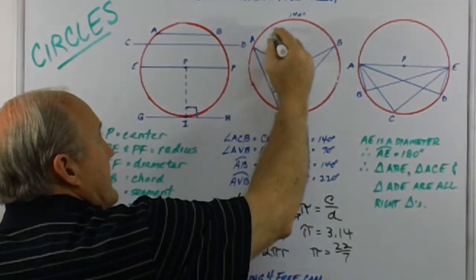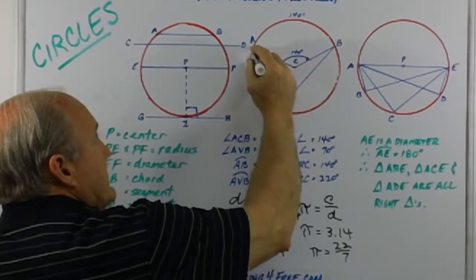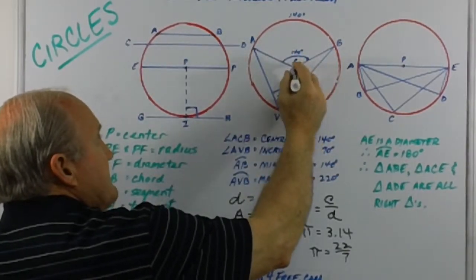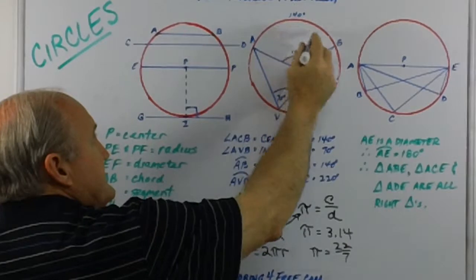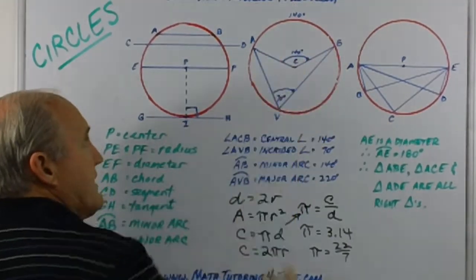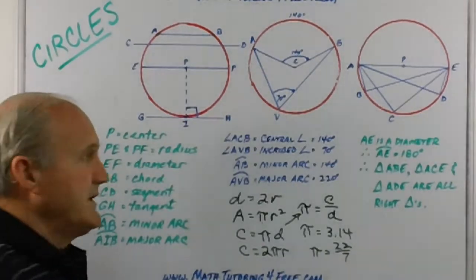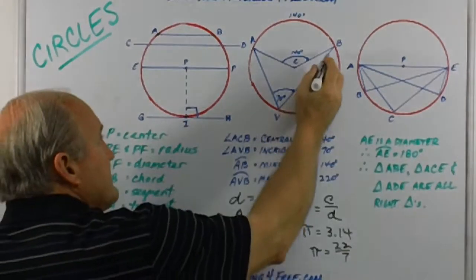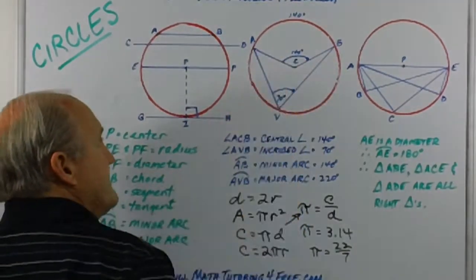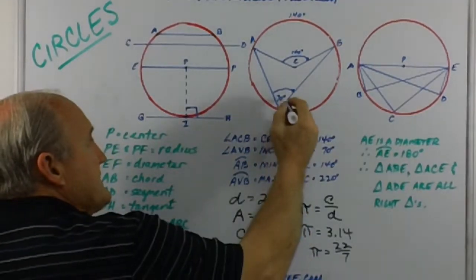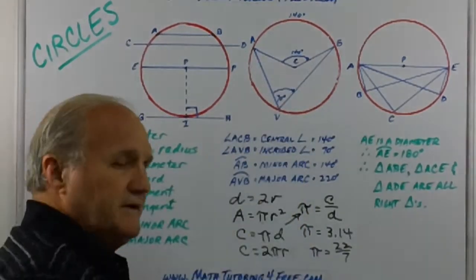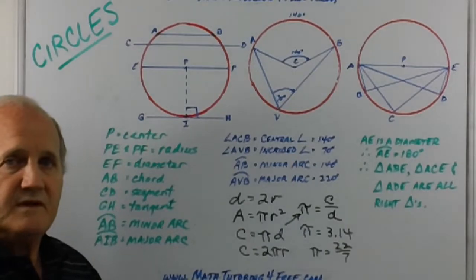The arc, in this case AB, is defined by the same degrees that are in the central angle. And the difference between central and inscribed is that an inscribed angle with those same endpoints is one half of the central angle.